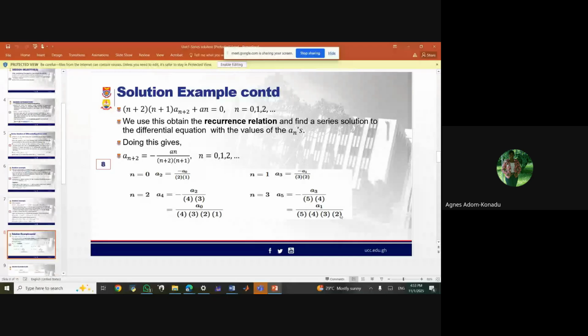We see that all of them have a naught, and the index is 2k. So for the even case, you get two.